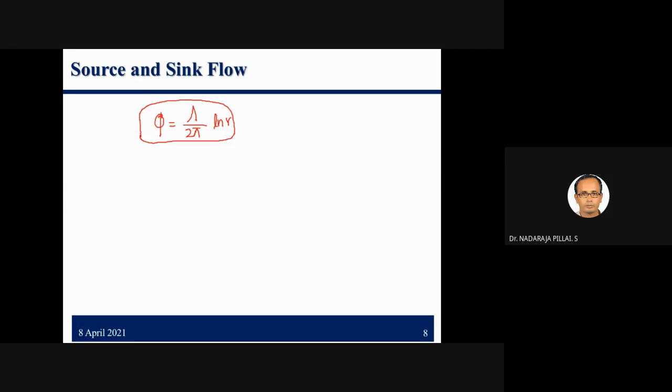So this is the velocity potential. Then we will calculate the stream function.